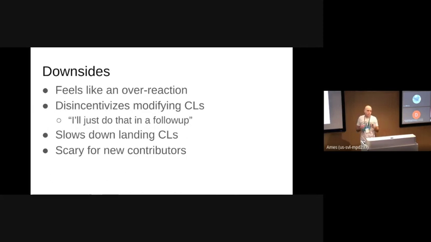So whenever a reviewer comes in at a late stage saying, why don't we do this other thing? I just tend to say, okay, I'll do that in a follow-up and push another CL. It slows down landing CLs. And one thing I saw recently, it is somewhat scary for new contributors that they already accumulated the courage to bug all these important people, and now they have to bug them again for them to click on a button. And that's not great.